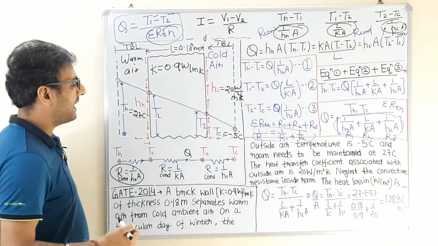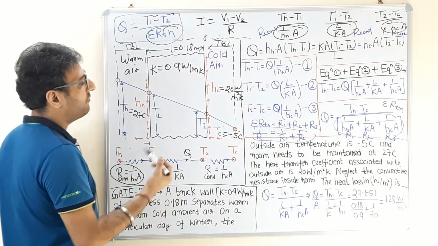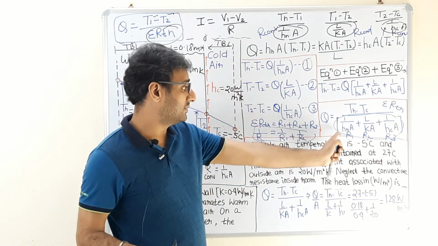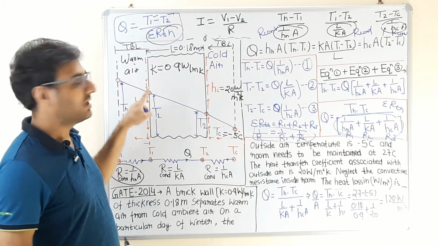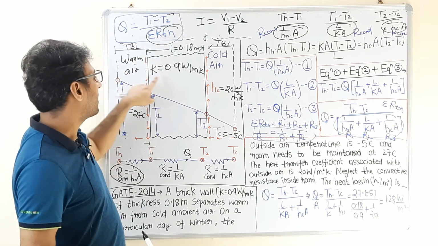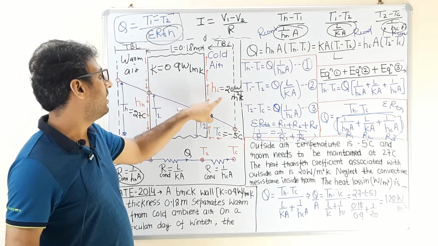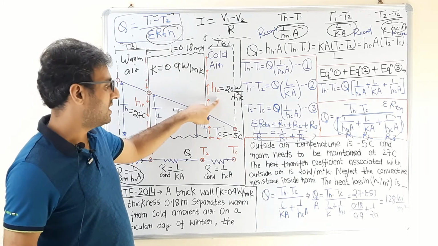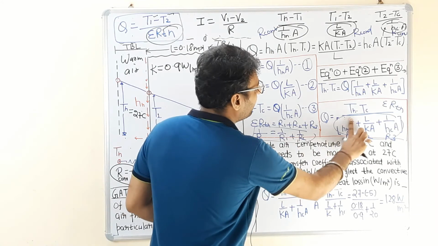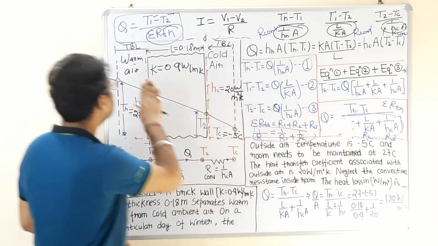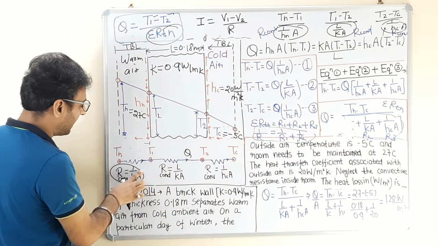Now we need to determine Q, the heat transfer rate within the system. Consider this equation. In this equation we have considered all three resistances: inside convective resistance, conductive resistance, and outside convective resistance. In the problem it is given to neglect the convective resistance inside the room. This is room air, so we have neglected this.